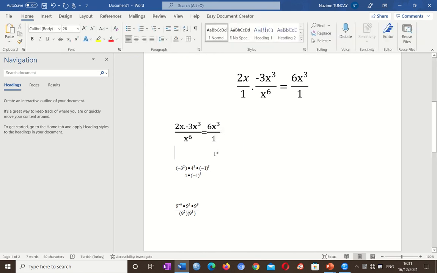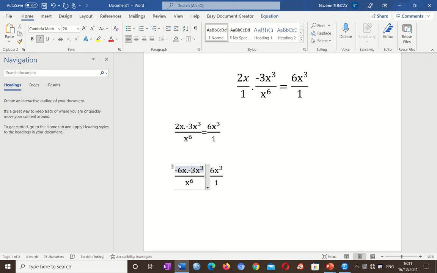So here, now, I'm going to write this again and do some more calculation. 2 multiplied by minus 3 is minus 6.